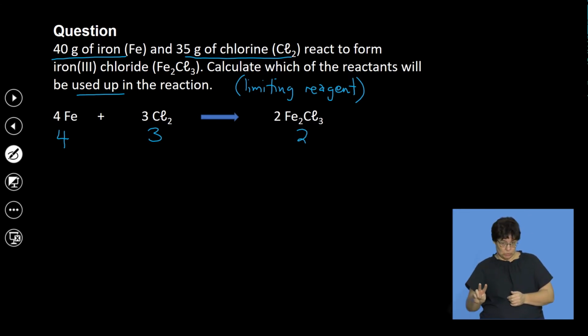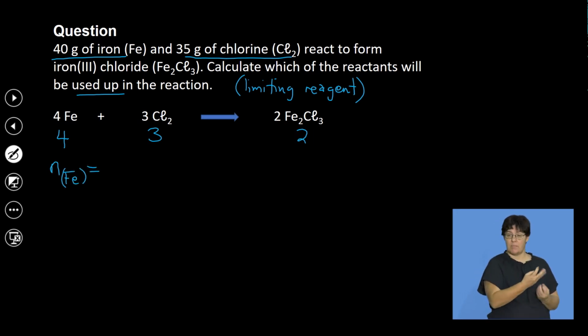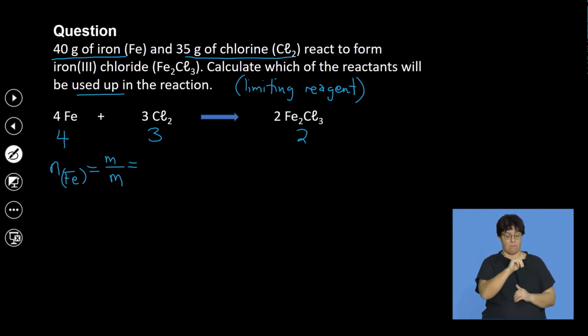Now the next thing that we ask ourselves is how many moles are there for each of the samples of substance of the reactants, right? So we know that the number of moles of iron is equal to mass of sample over molar mass, right? What's the mass of iron sample that is given? It's 40 grams, right?